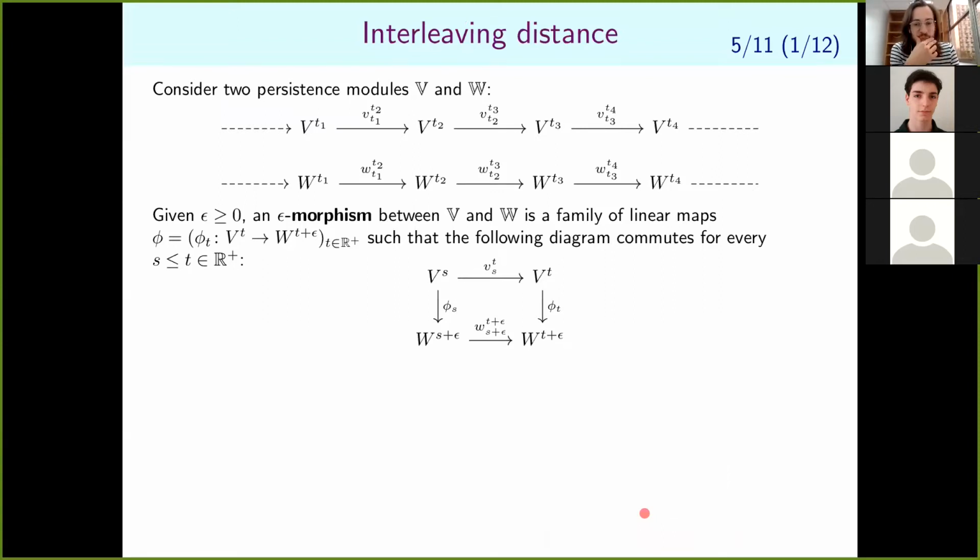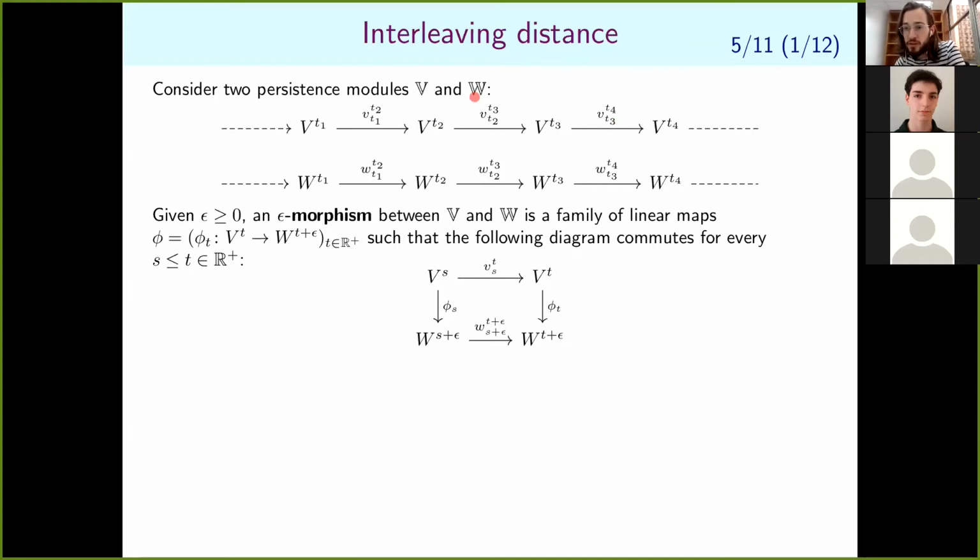This is not a distance between barcodes, but a distance between persistence modules. Consider two persistence modules, V and W. A nice way to draw a persistence module is to write its vector spaces on a line, and the arrows, the connecting maps between each of these vector spaces.